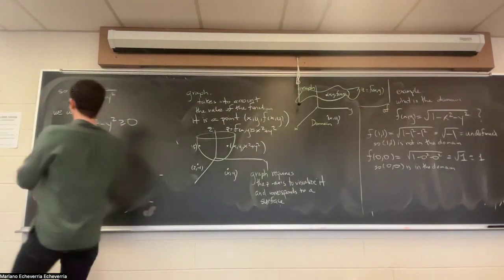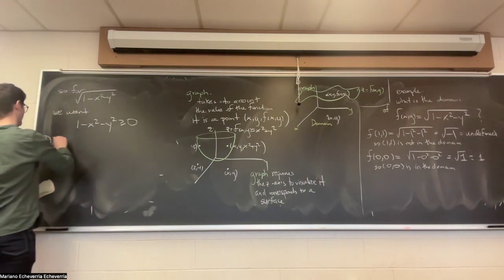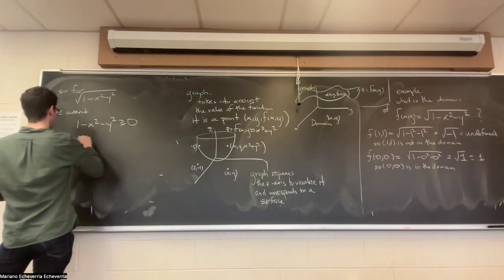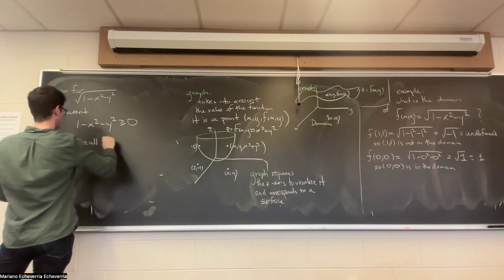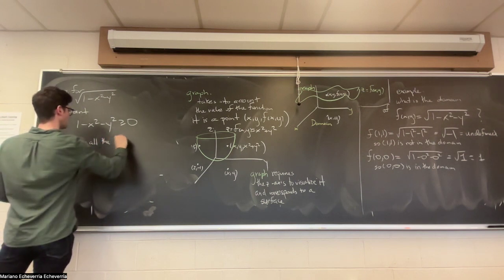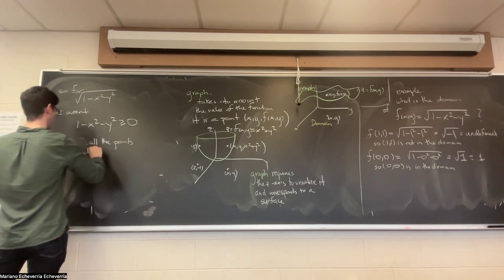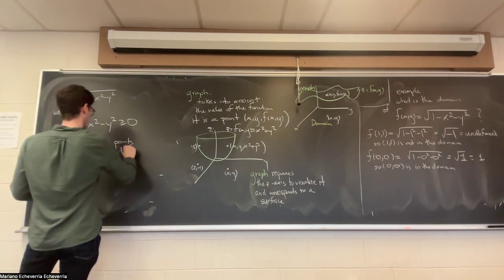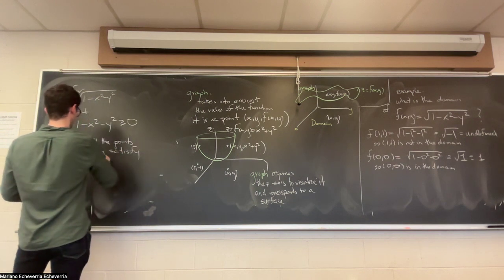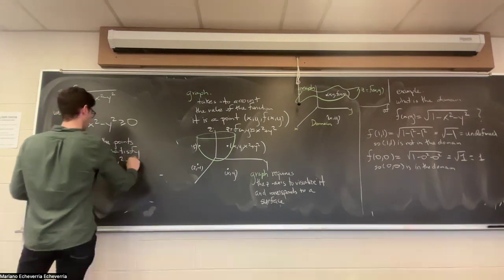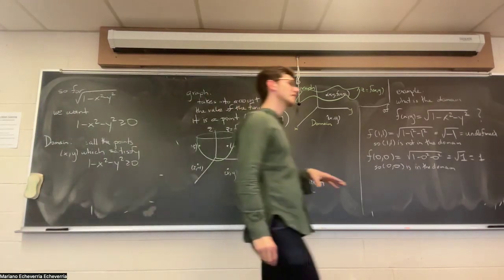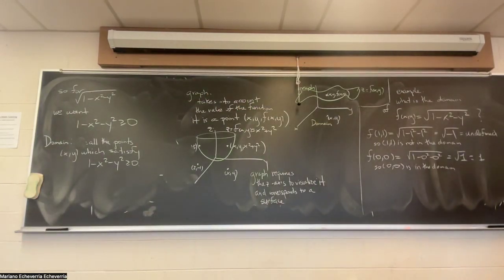So the domain is all the points that satisfy it. That's what the domain consists of. The thing is that on its own is not that useful, because how does that look?